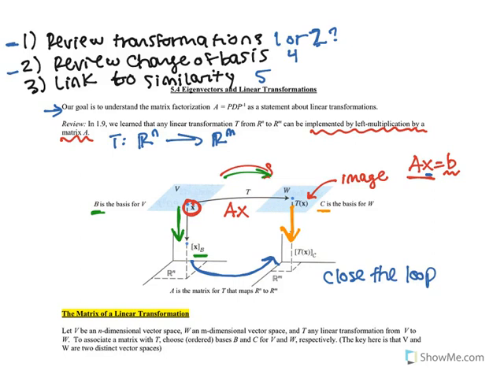In order to do this, we need to remember we're going between two different vector spaces, V and W. T is going to be any linear transformation between the two, and each of V and W is being described by two different bases.